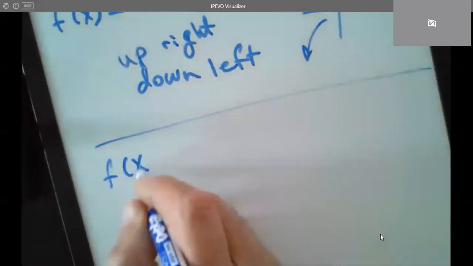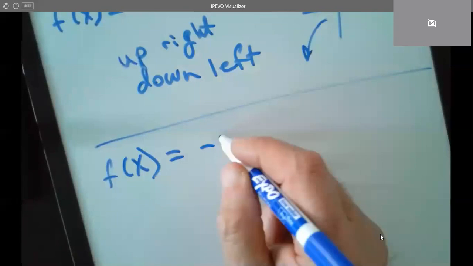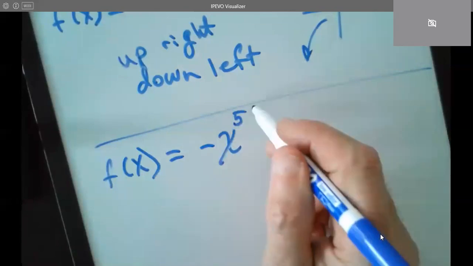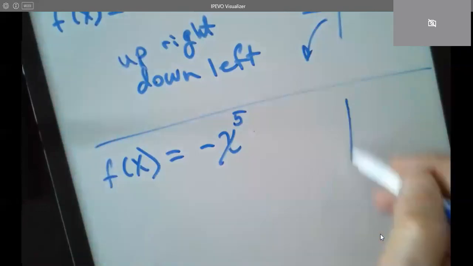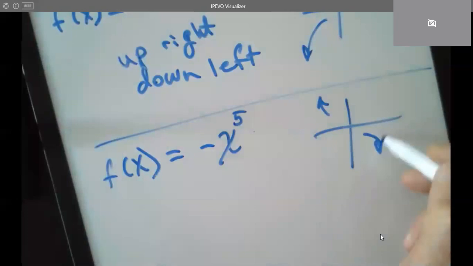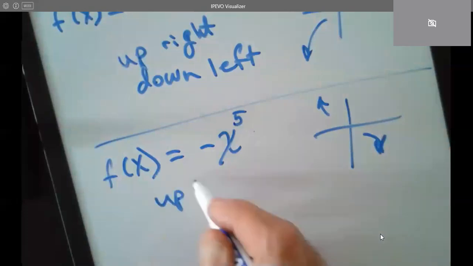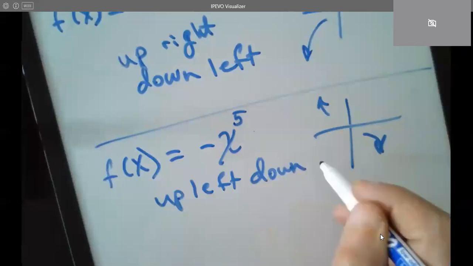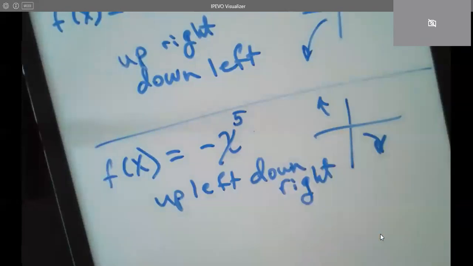Okay, we'll do one more extra that's not on there. Let's say we have f of x equals a negative x to the fifth. That'll be up, left, down, right. That is correct. Up, left, down, right. Good. Questions?